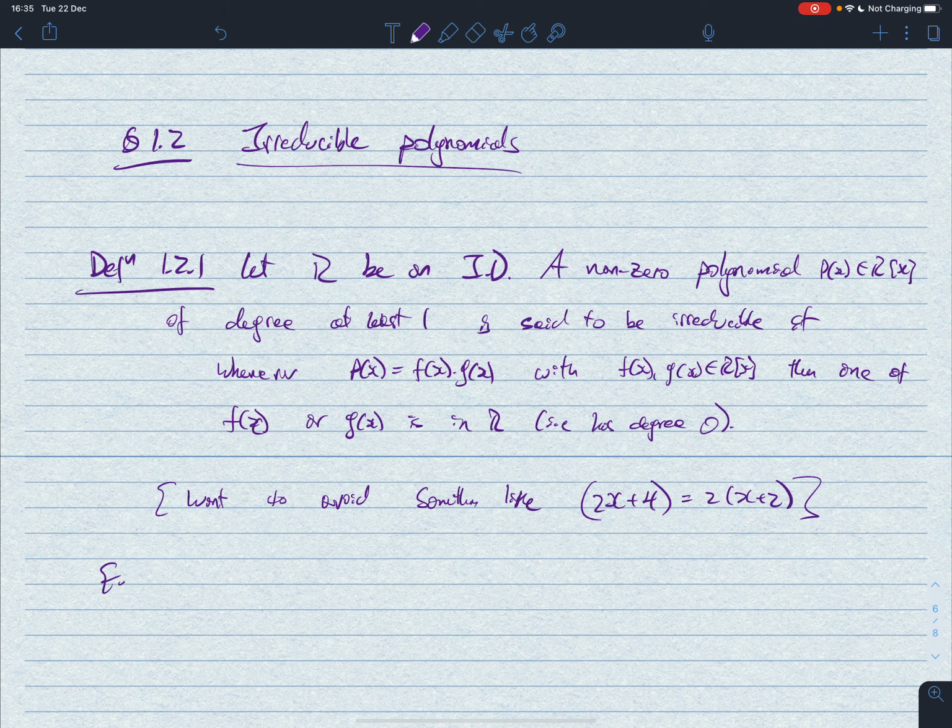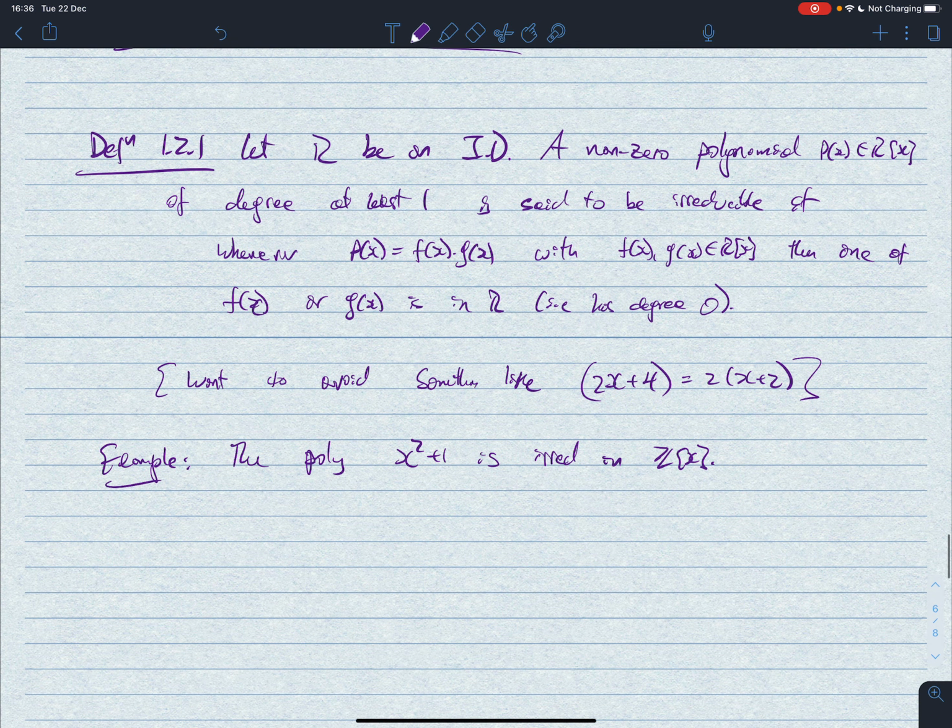So here's an example of an irreducible polynomial. The polynomial x squared plus 1 is irreducible in Z of x. You can think that if this polynomial is to factor, then it would have factors of 2 linear polynomials, and that would mean it would factor as x minus i, x plus i, where i is the square root of minus 1.